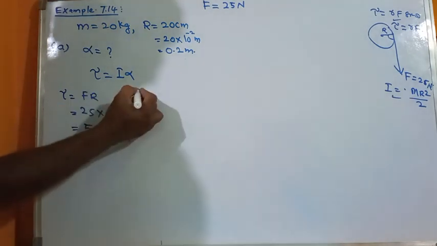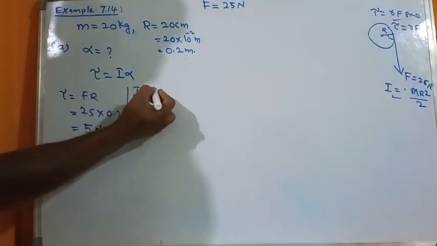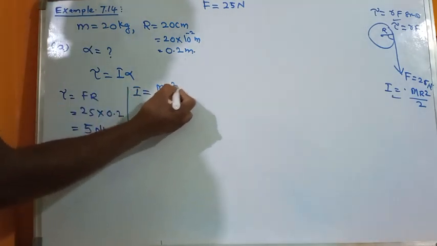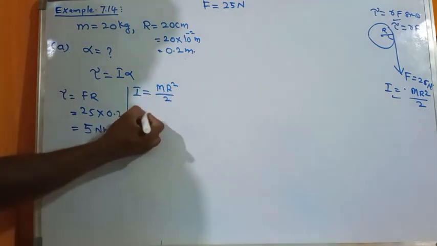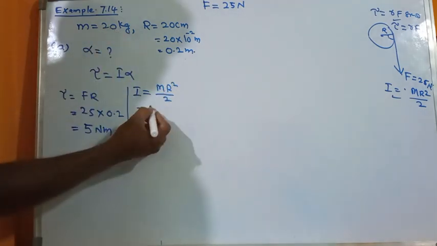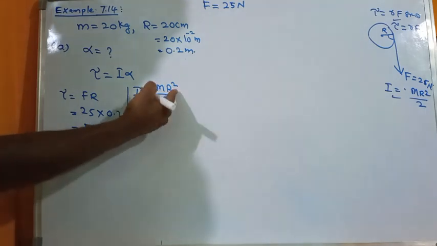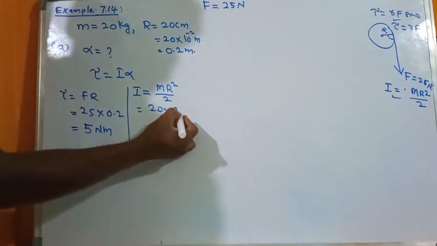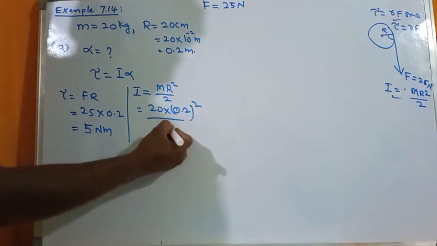Then find out the moment of inertia for the flywheel, that is mr square by 2. So mass of the flywheel is 20 kg, into r, radius is 0.2, whole square, by 2.